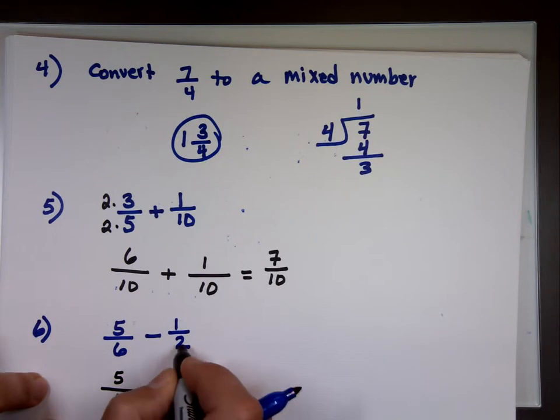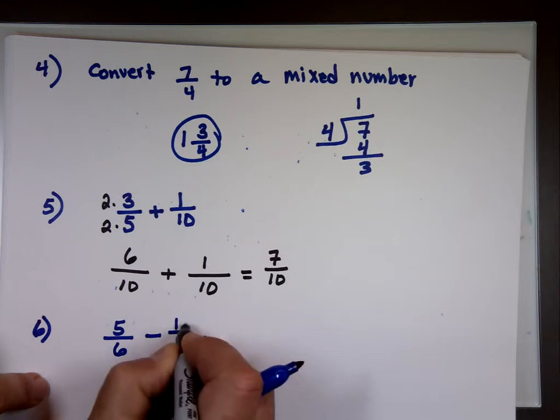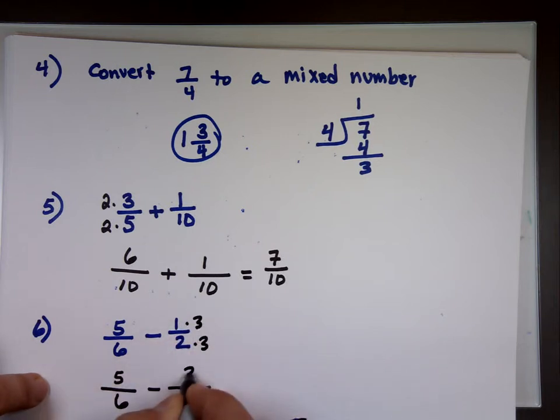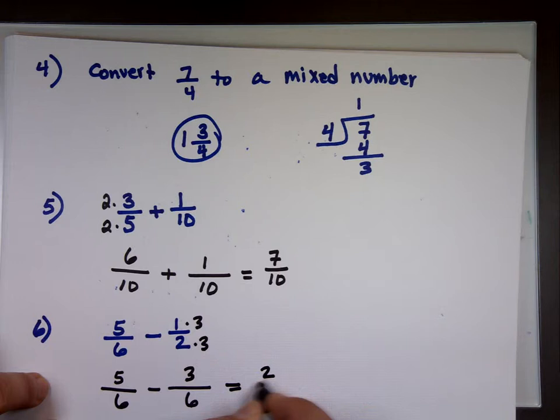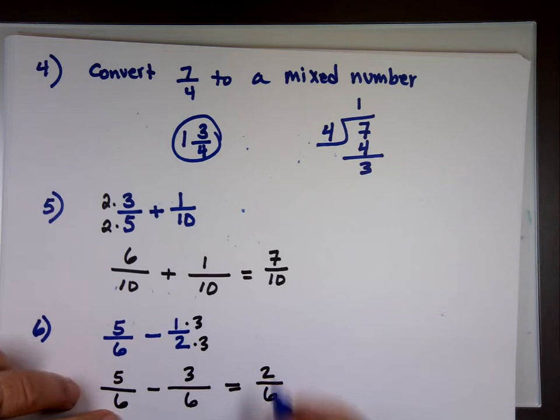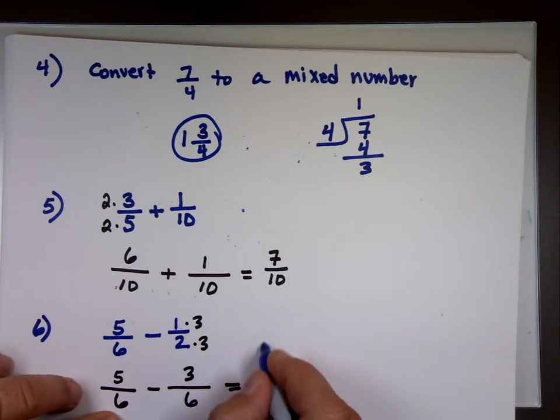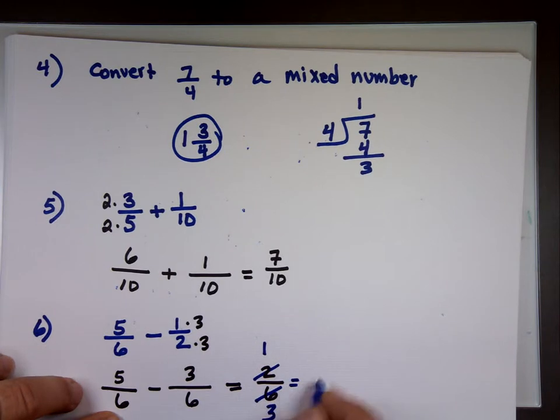I need to multiply the 2 by what to make it 6? By 3. This becomes 5 minus 3, which is what? 2/6. If you leave it like this, you got it wrong. You always have to simplify your answer. By 2, this is what? 1. By 2, this is 3. It's 1/3.